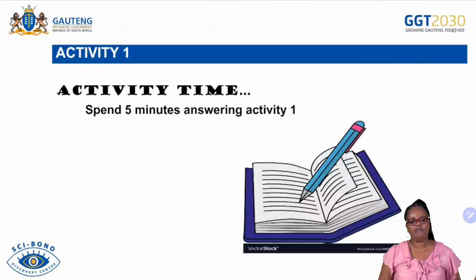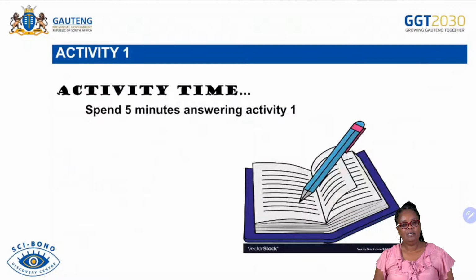So I'm going to give you 10 questions. From those 10 questions, I want you to spend 5 minutes. Remember, time is precious. Always make sure that you respect time, so that you'll be able to complete your question paper when you are writing.